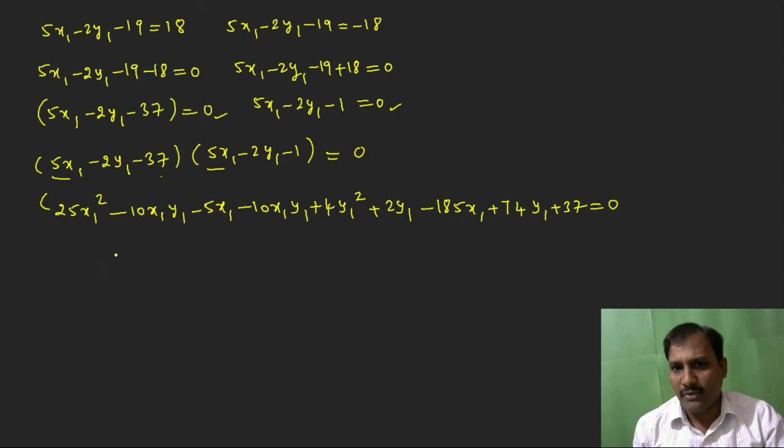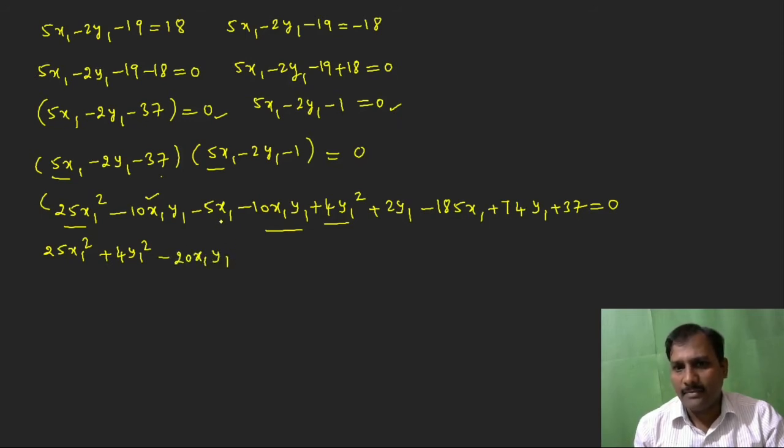Now let us simplify everything. First x1 square, that is 25x1 square. Next y1 square, this is also only one term, 4y1 square. Next x1y1 term, minus 10x1y1 minus 10x1y1, that is minus 20x1y1.